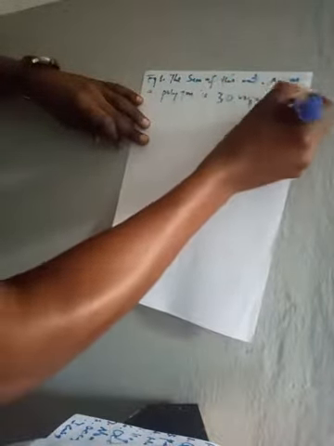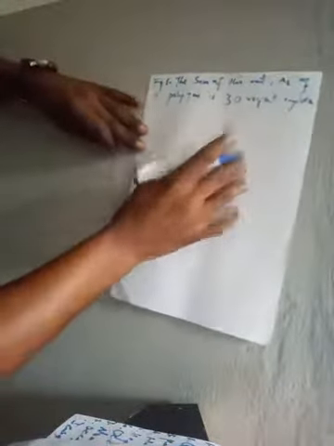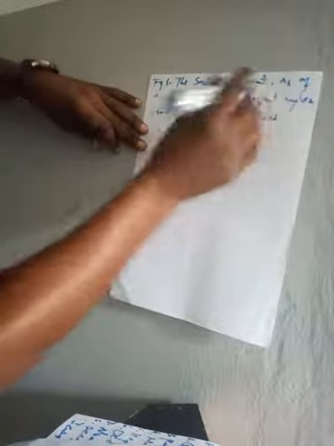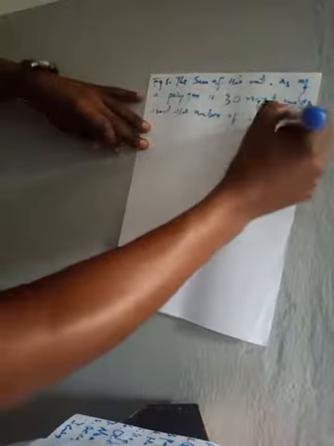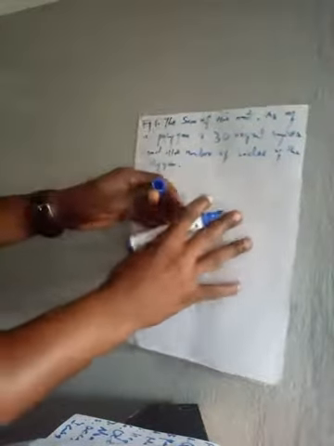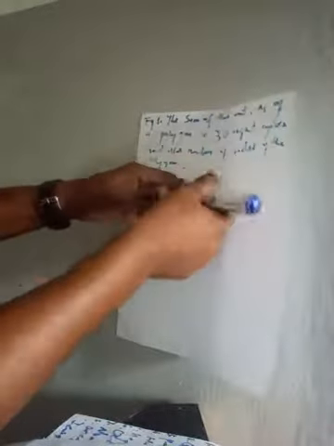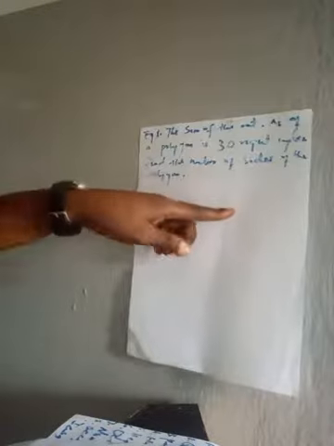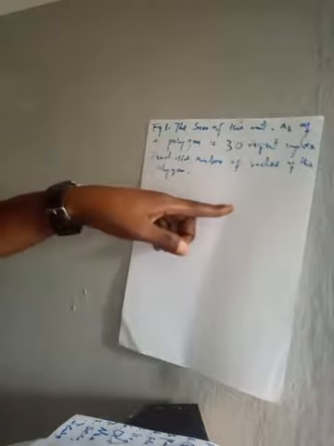The question now is: find the number of sides of the polygon. Look at the question. The sum of the interior angles of a polygon is 30 right angles. Find the number of sides of the polygon.